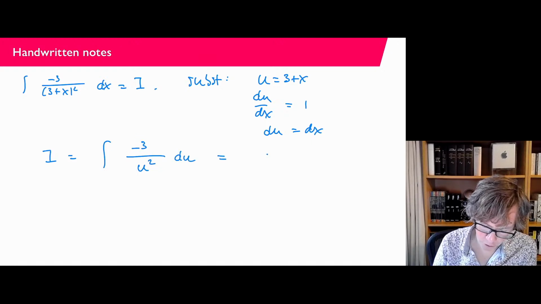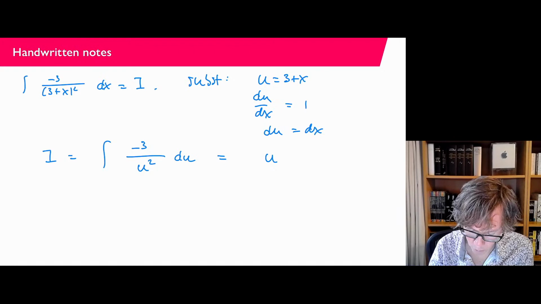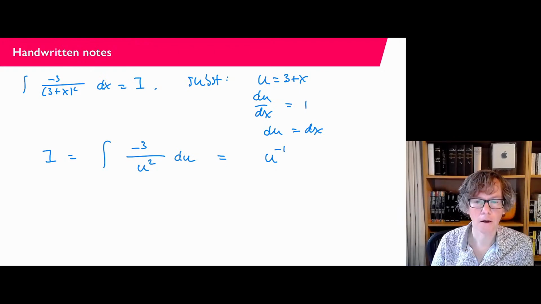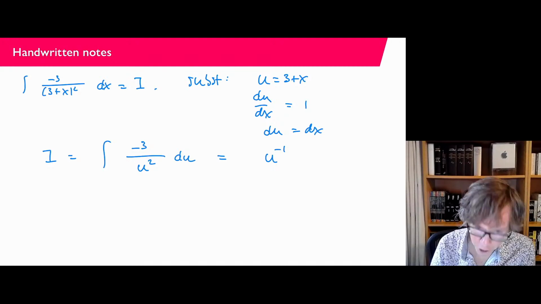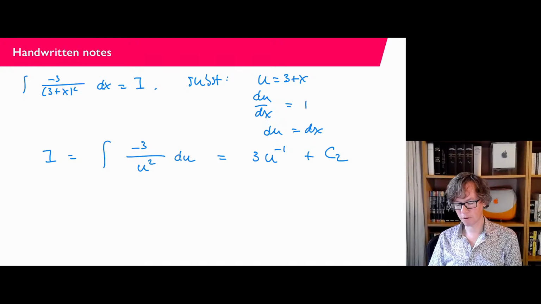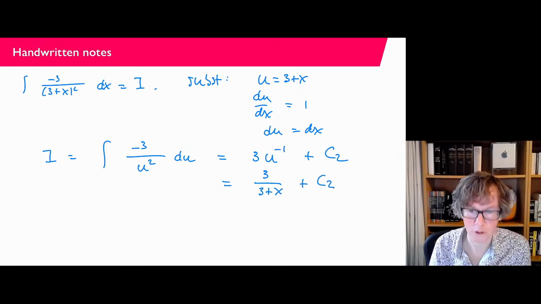So the primitive is u to the power minus 1, of course, sorry. And the minus 3 we keep here, but it becomes a plus 3, plus c2. If you differentiate this, you get the minus sign, so minus 3 times u to the power minus 2, so that's precisely what we want. And let's plug in x again, so we have 3 over 3 plus x plus c2.